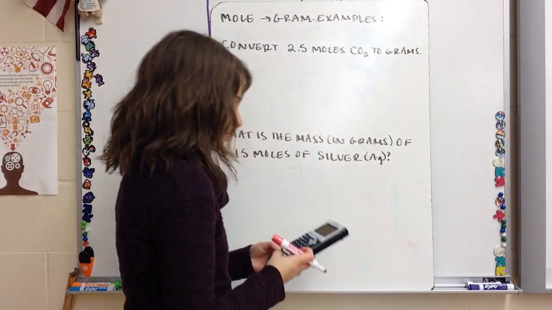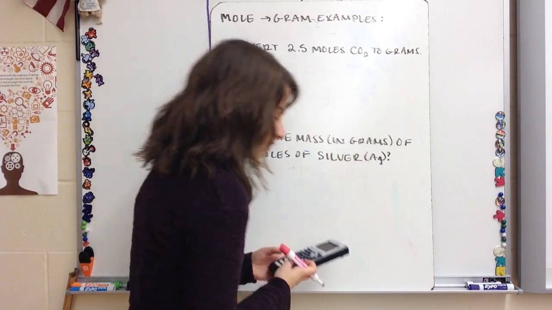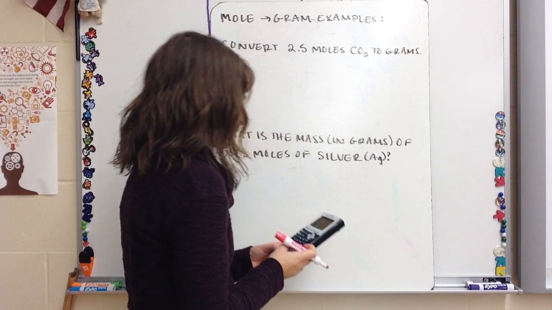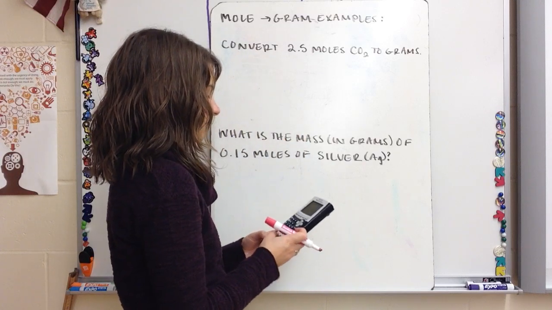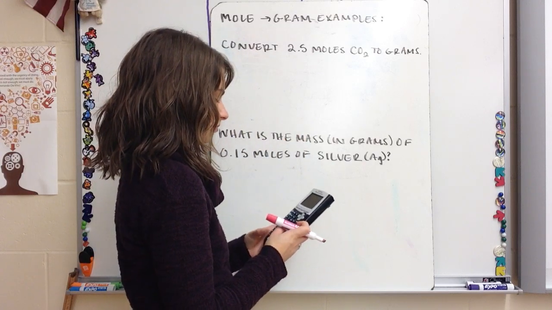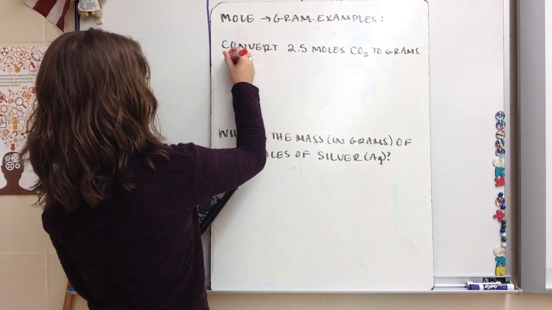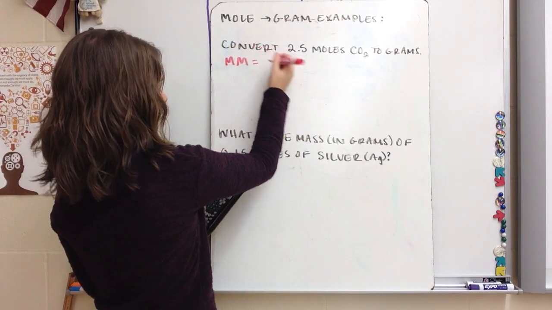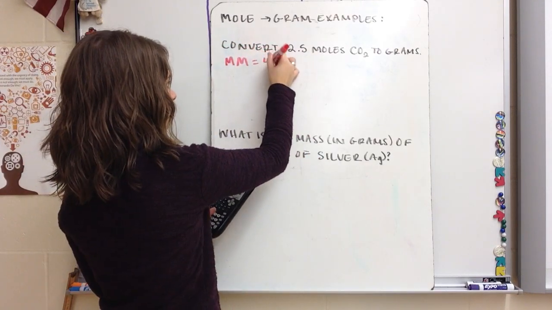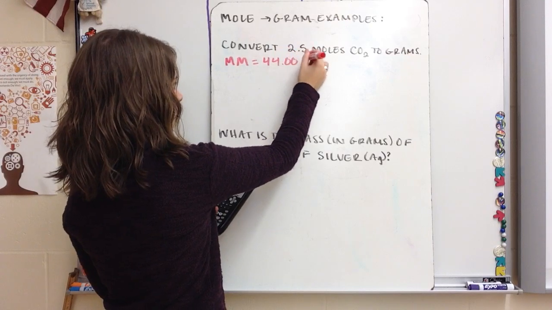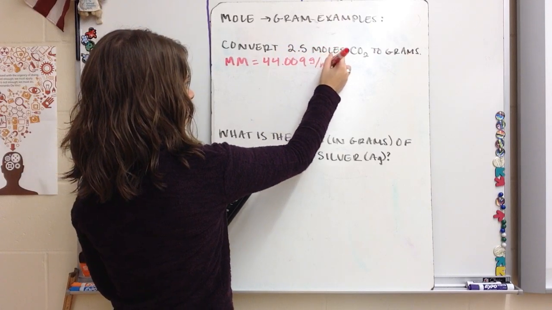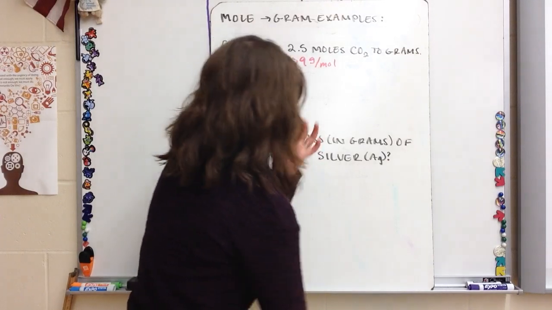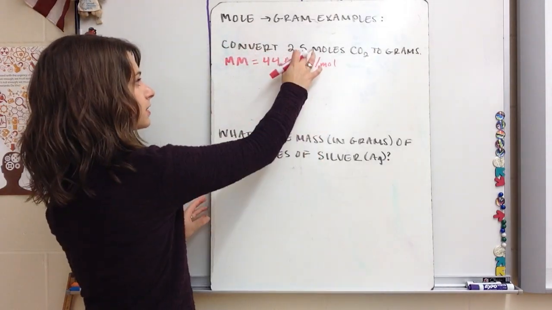The mass of carbon is 12.011. Oxygen is 15.999, and I'm going to multiply that by 2. So my molar mass of carbon dioxide is 44.009 grams per mole.